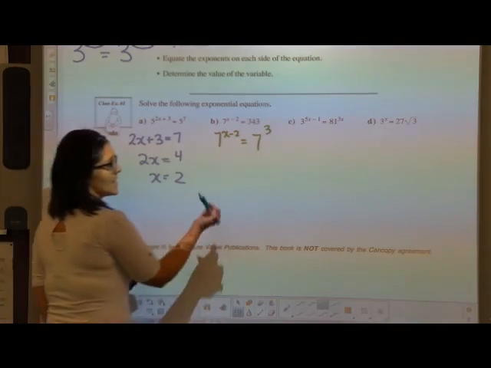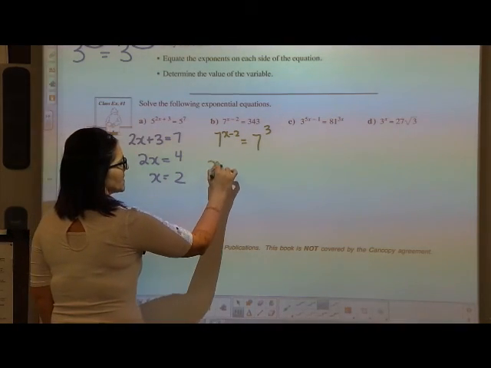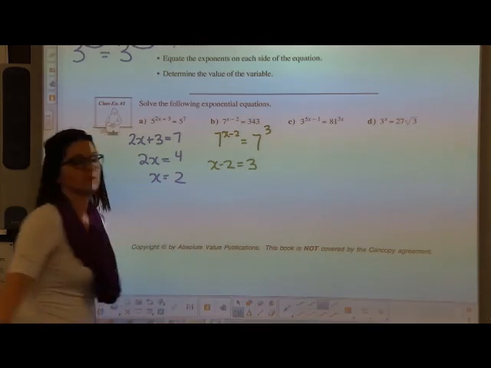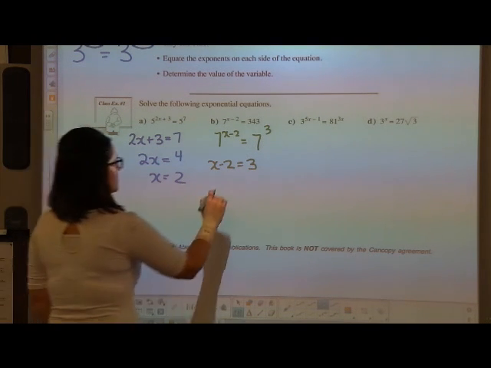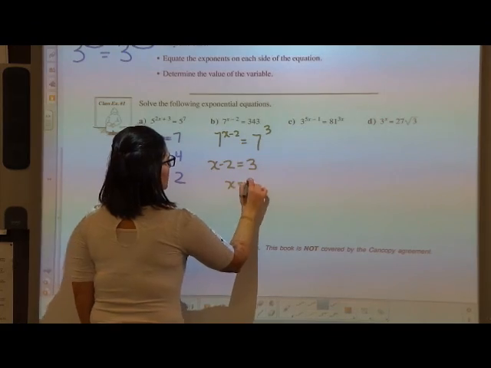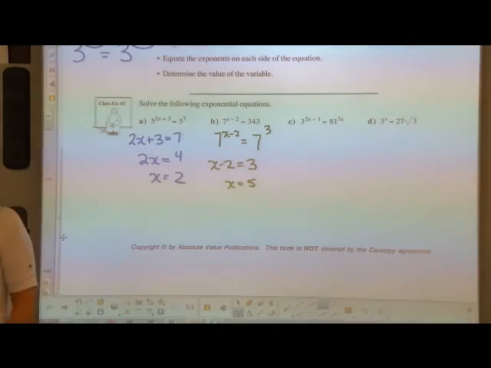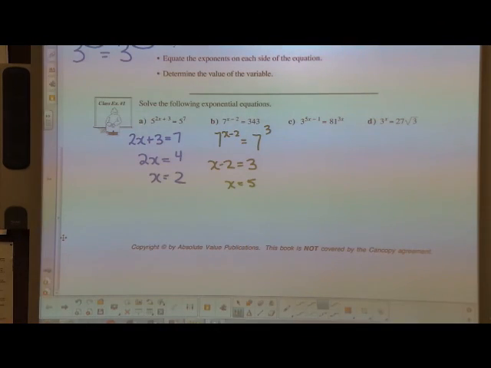So now that I have the same base, I can let the exponents equal each other. And what would x equal? 5. And if I go 5 minus 2, I get 3. And 7 to the power of 3 gives me my 343.